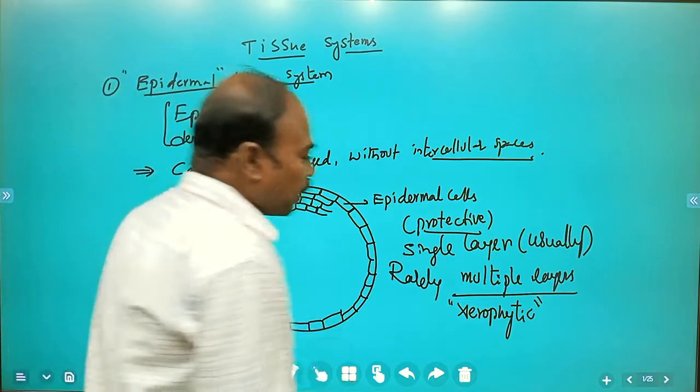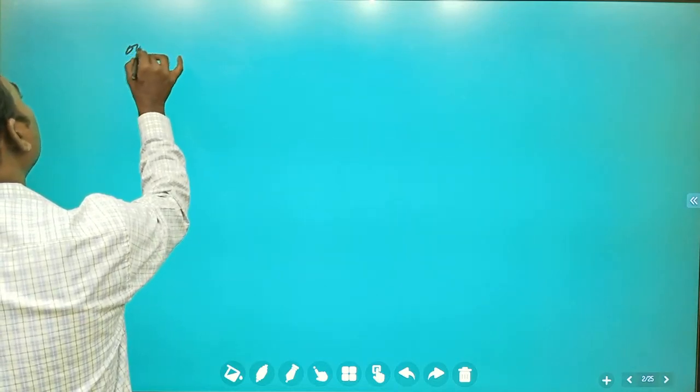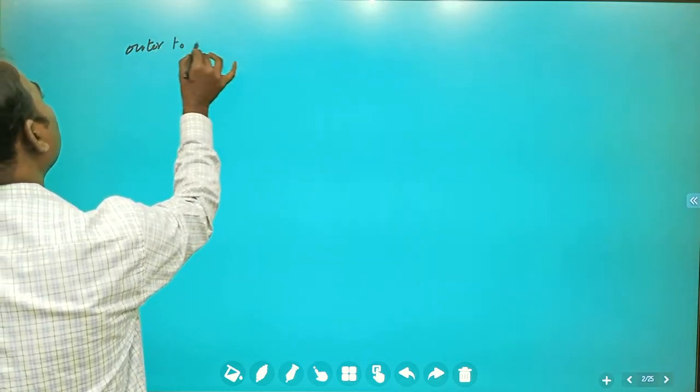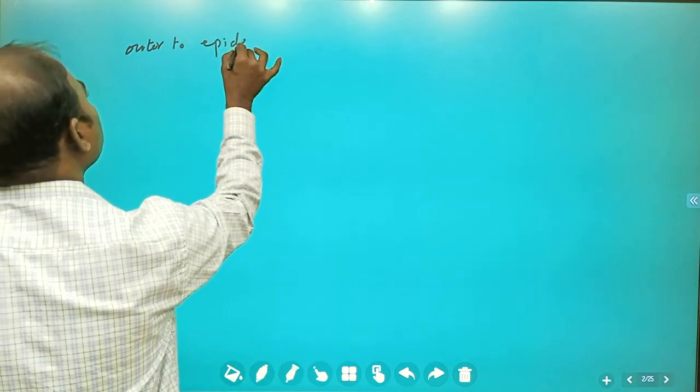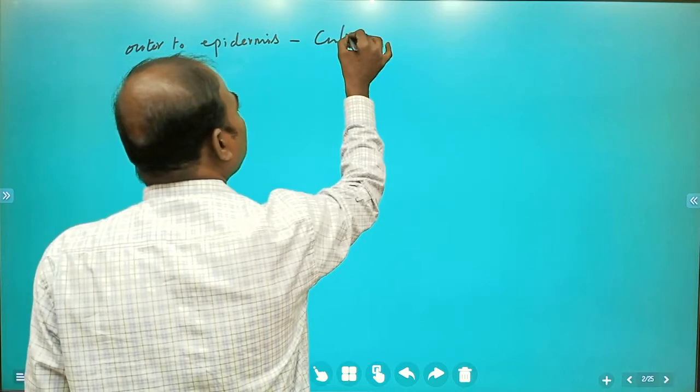Then, one of the important covering layers outer to the epidermis, that is the cuticle.